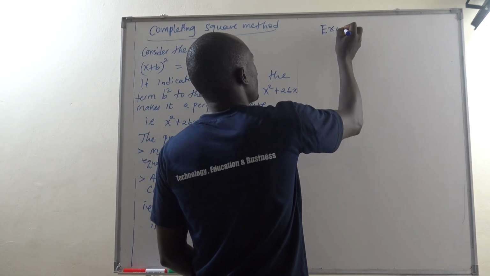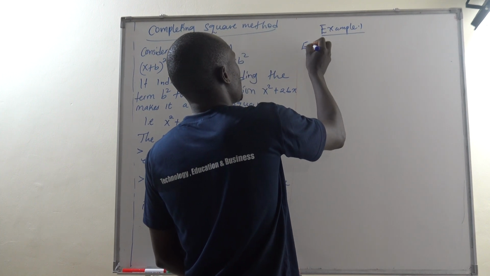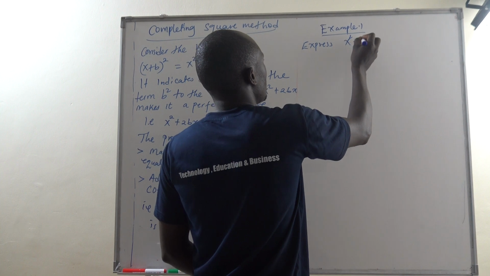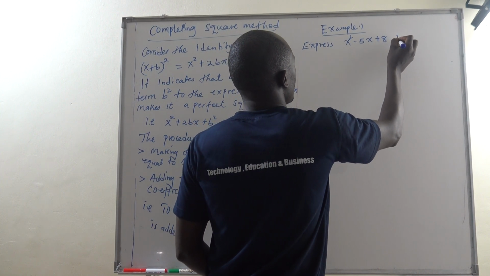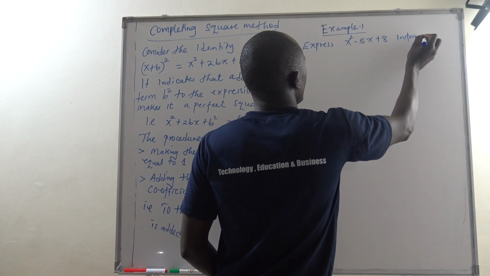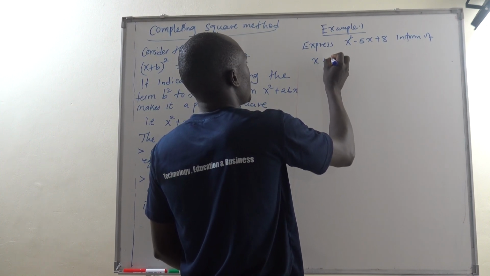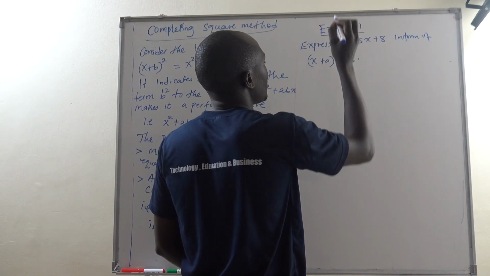So the first one I would say, example 1: express x squared minus 5x plus 8 in the form (x + a) squared plus b.